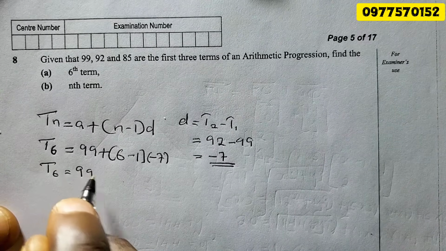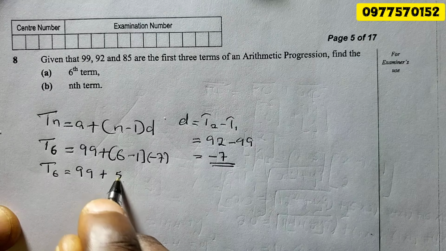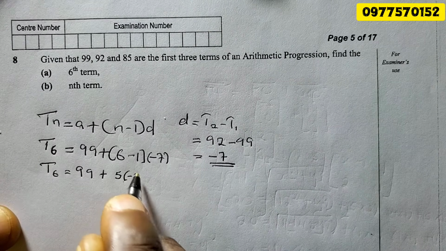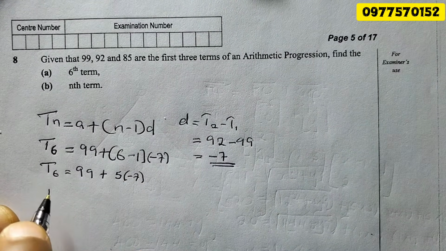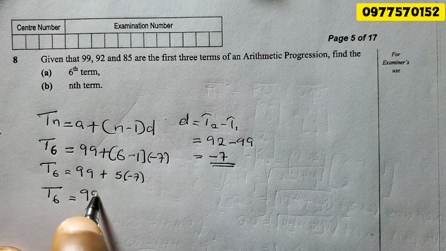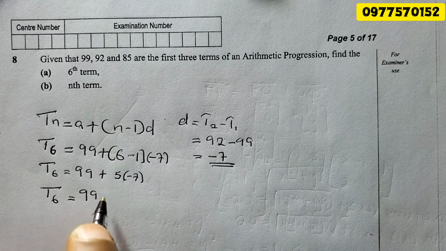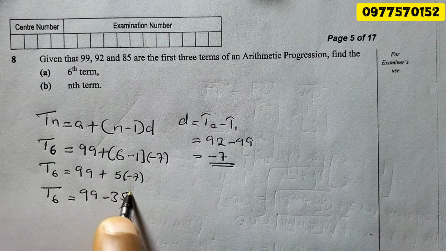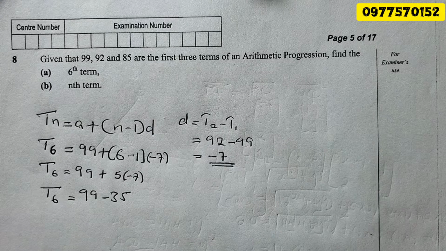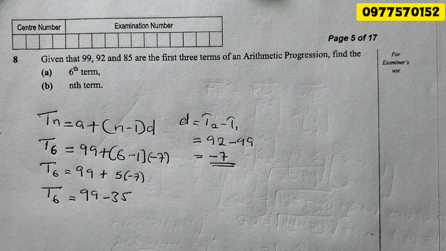So be 99 plus what is 6 minus 1 is 5. 5 multiplied by negative what? 7. So T6, term number 6 is 99 plus 5 times negative 7 is negative 35. Okay? Negative 35. Then 99 minus 35.